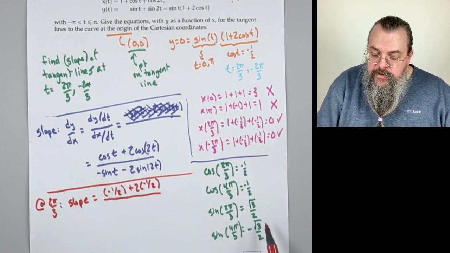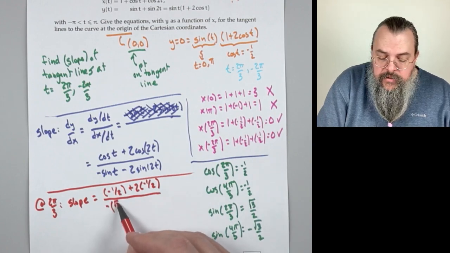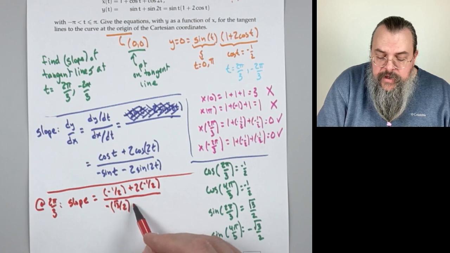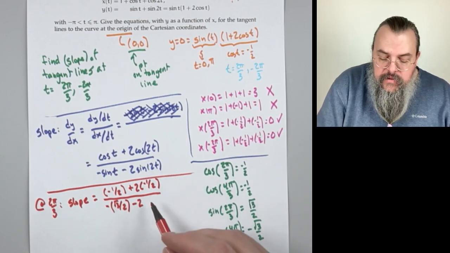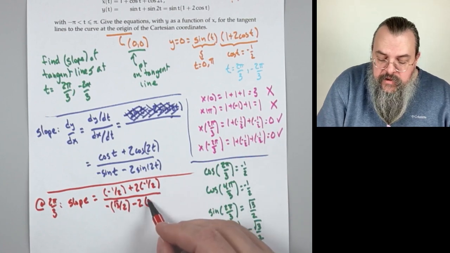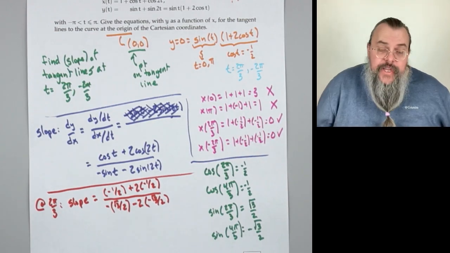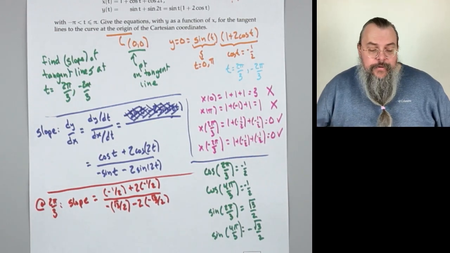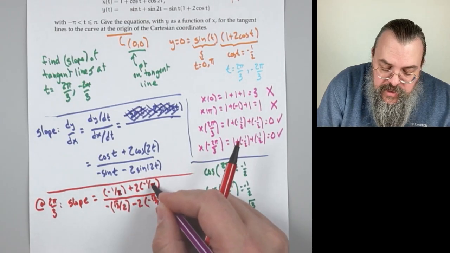Sine of 2 pi over 3 is going to be minus square root of 3 halves. And then we have minus 2 sine of 4 pi over 3 is minus square root of 3 halves. Now, since everything has a half in it, we can actually just go ahead and cancel all the halves. So we'll just cross those out really quick.